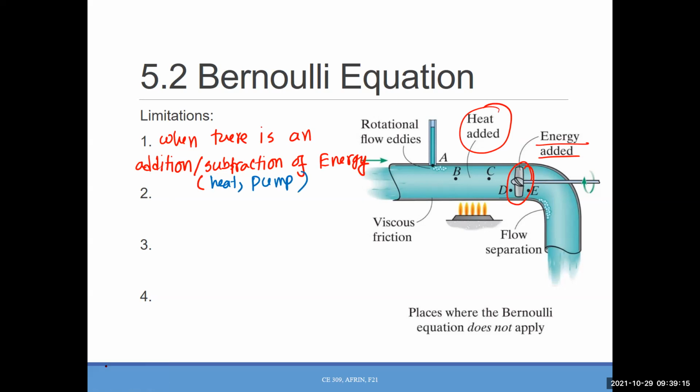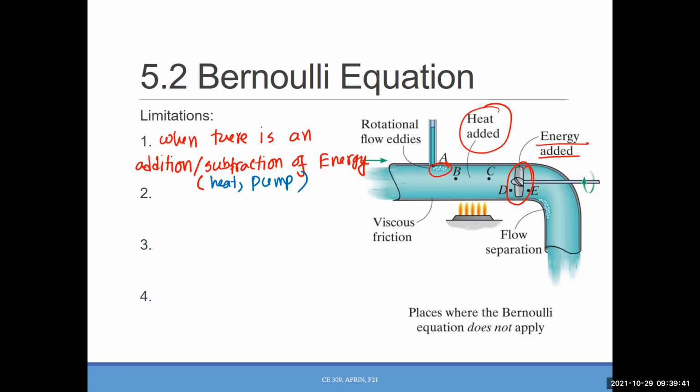What can be the second limitation from this picture? Something like this one. This will not affect the volume, but it will create friction.